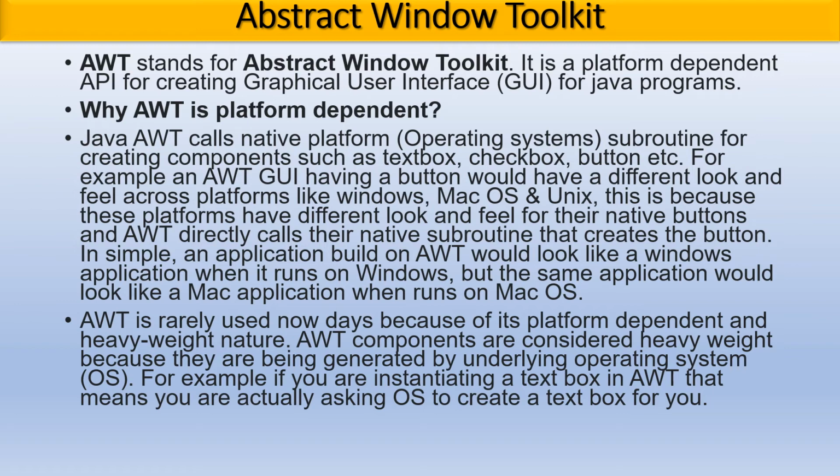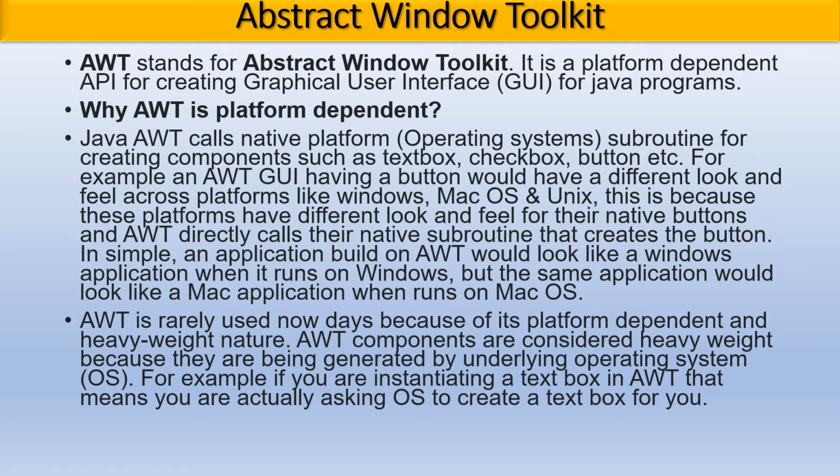Why is AWT platform dependent? Here we can see that Java AWT calls a native platform, that is an operating system subroutine, for creating components such as text box, checkbox, button, etc.